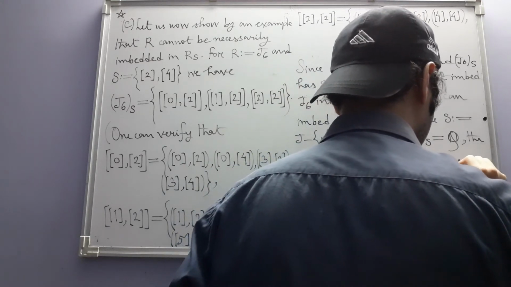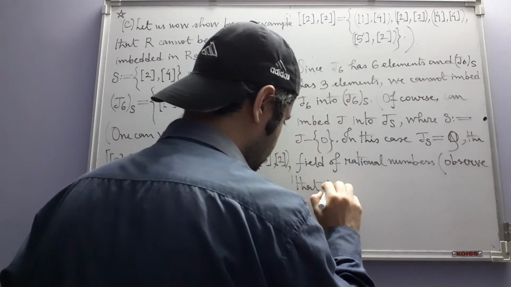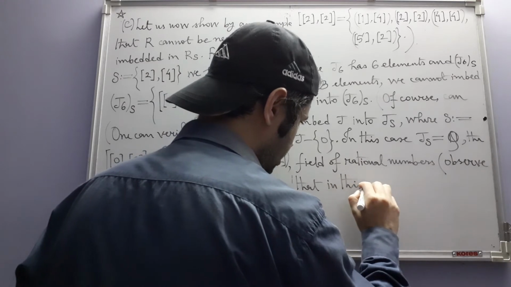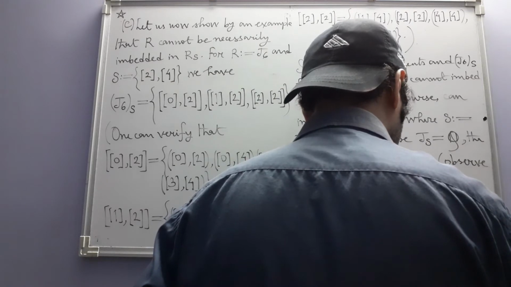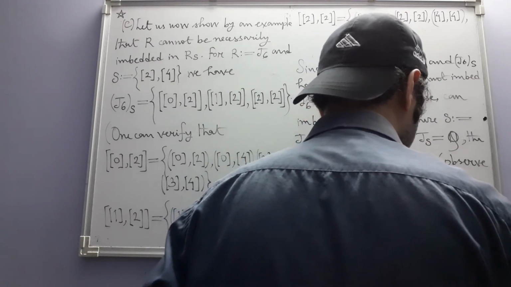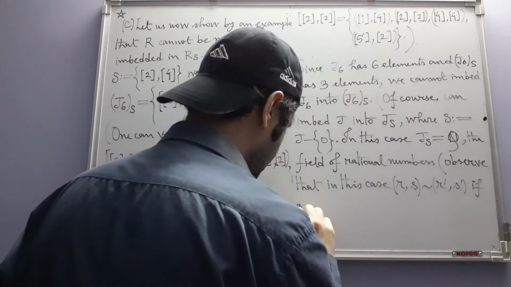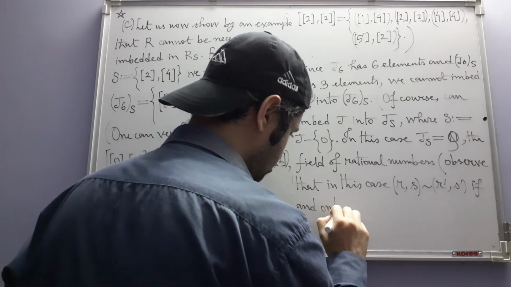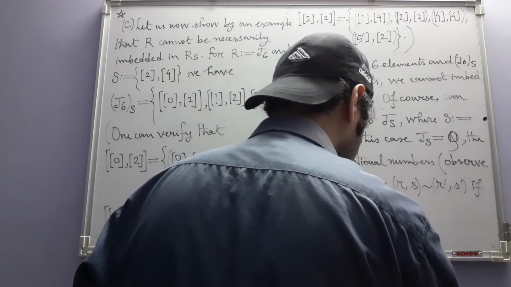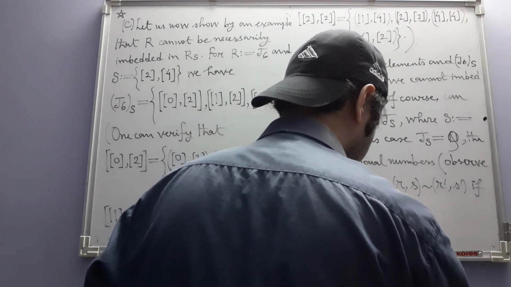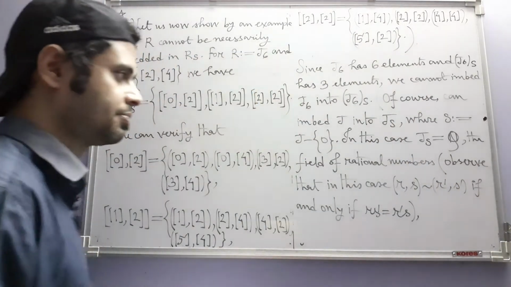One more thing is there. Observe that in this case (r, s) is related to (r', s') if and only if r s' is equal to r' s.